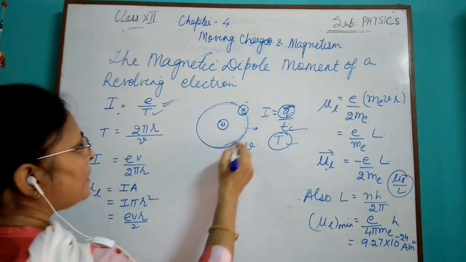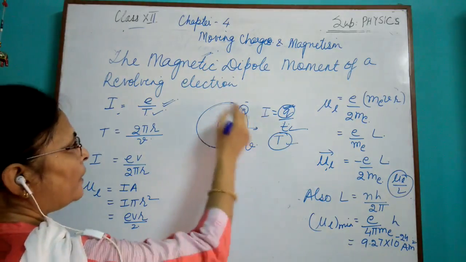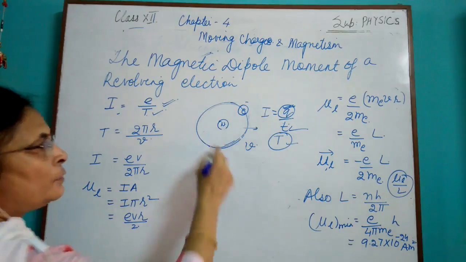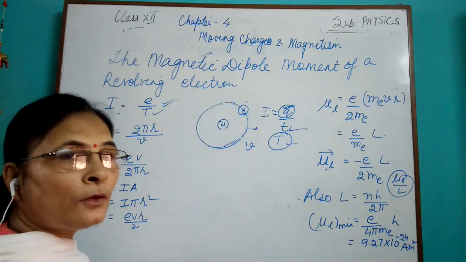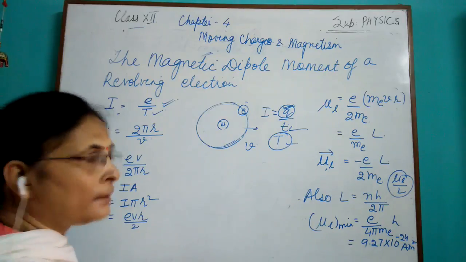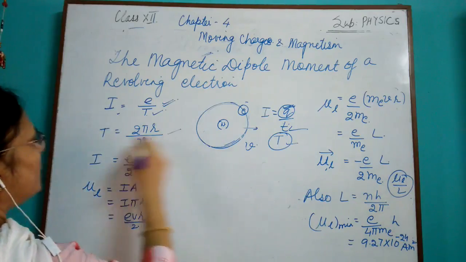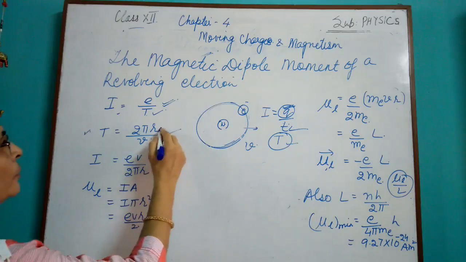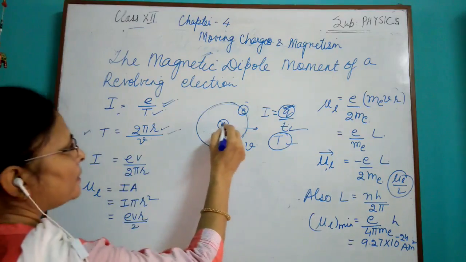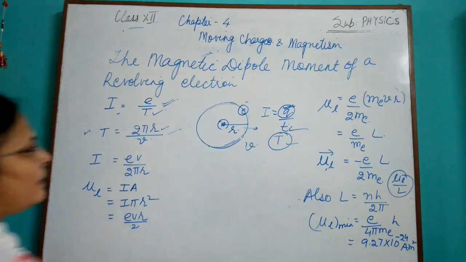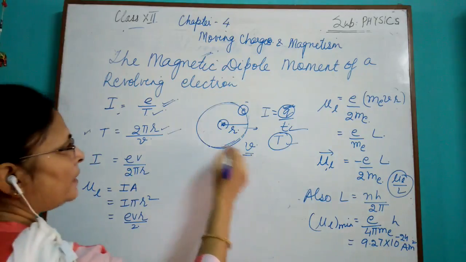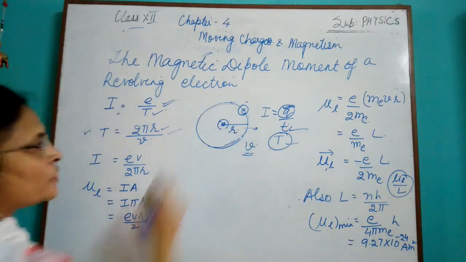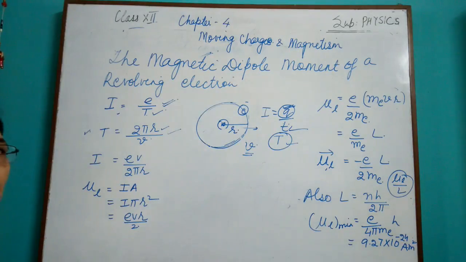If the velocity of the electron is, say, v, the distance covered in one revolution will be equal to the circumference of the circle. So the time period T will be equal to 2 pi r, if the radius is taken as r, divided by the velocity with which the electron is moving.